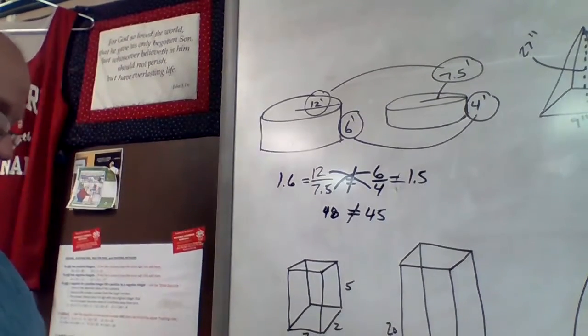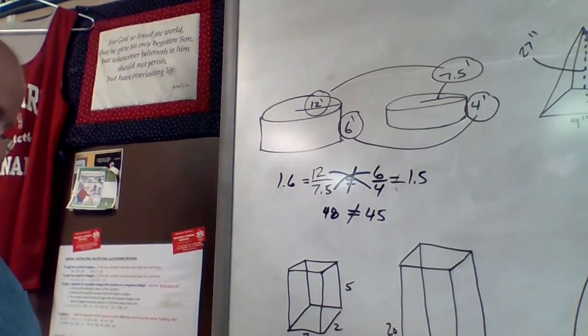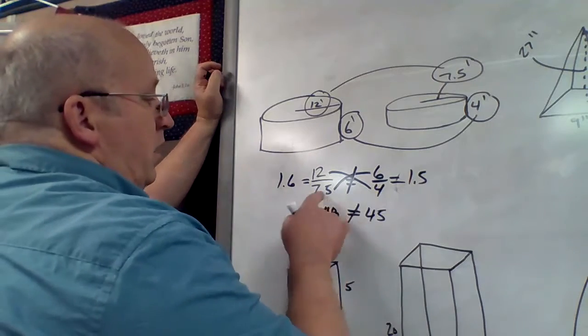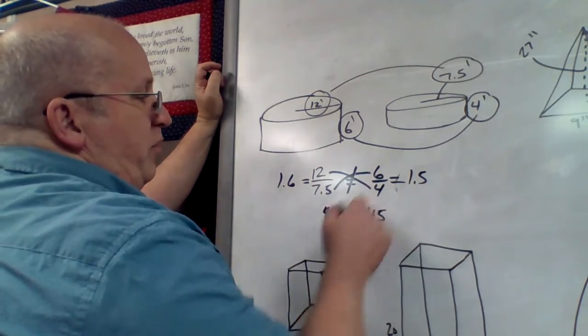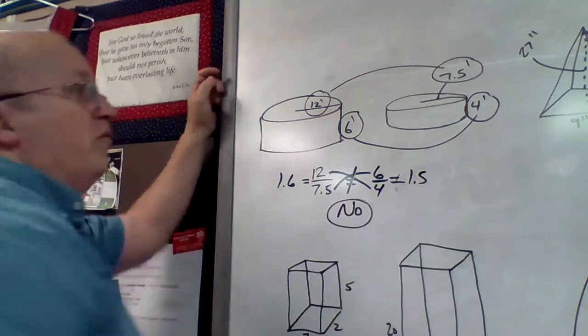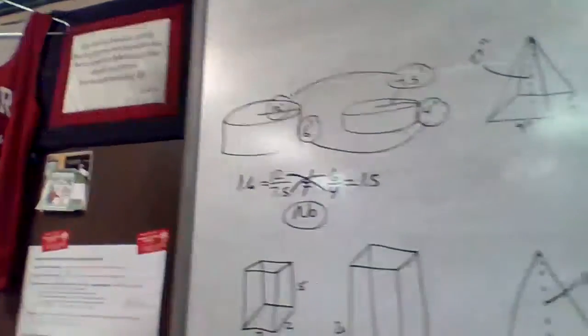Let's take a calculator and actually do it. 12 divided by 7.5. Yeah, it's exactly 1.6. I got lucky on that one. So this ratio is definitely not equal to this ratio, so we're going to write no. The two figures are not in proportion.